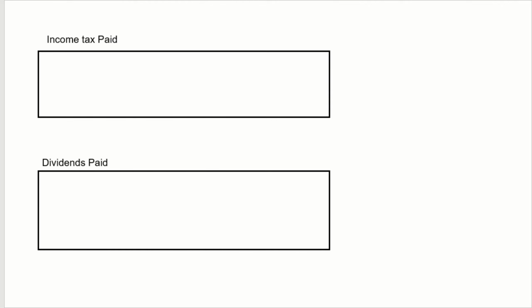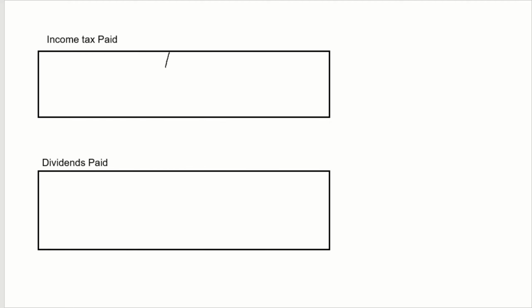Usually on our answer sheet, this is the kind of box they give us to actually prepare the income tax paid note. My advice, how I do this, we just start by drawing a line in between these.